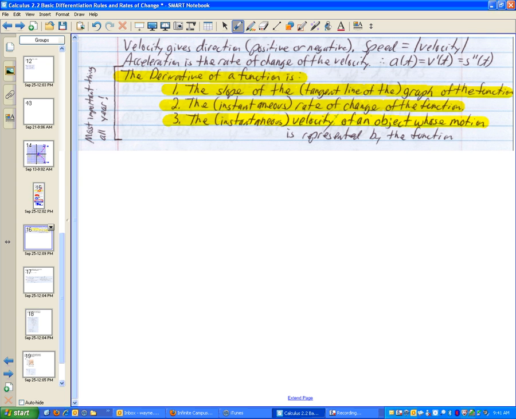It's also the velocity, instantaneous velocity, not average velocity, of an object whose motion is represented by the function. You've got to know those 3 things. All of them will be asked 20 different ways on the AP test. It's the same thing every time. But that's the point. You got to understand that all 3 of those things are the same thing. Okay?